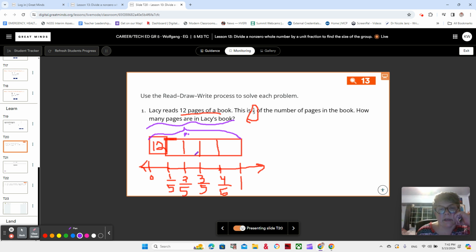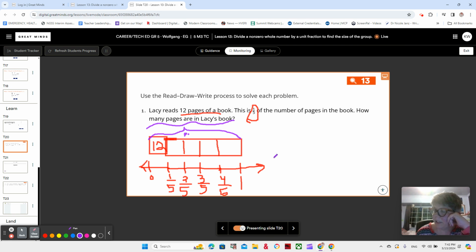Looking at our tape diagram, looking at our number line, can we draw any conclusions? Do you have any ideas about the number of pages in the whole book? Definitely more than 12, right? She definitely didn't read very much of the book yet. She only read 1/5 of the book.